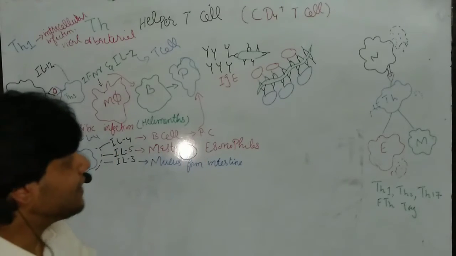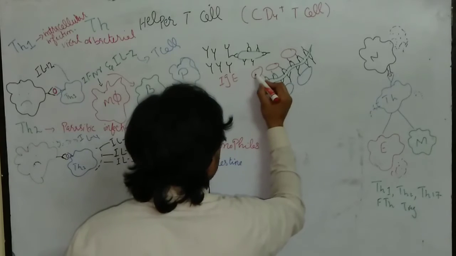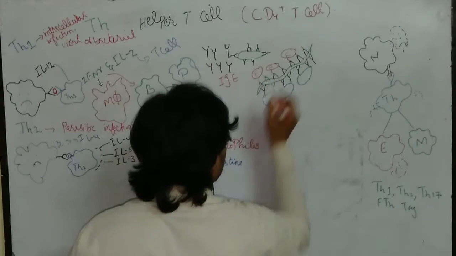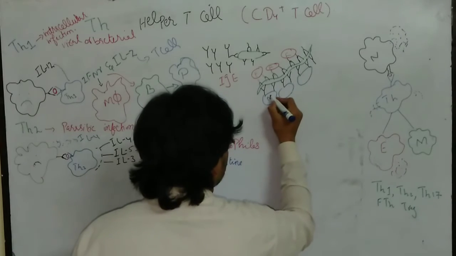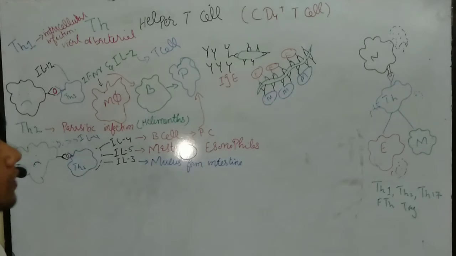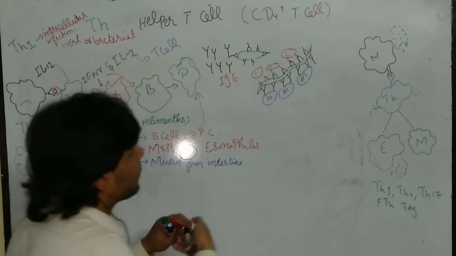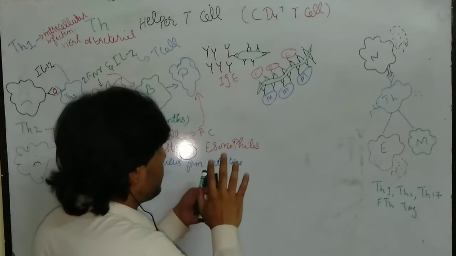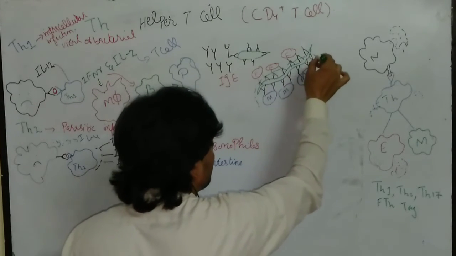Let's suppose these red ones are the eosinophils and these blue ones are the mast cells. After that, the intestine will also secrete mucus. Let's suppose these are the mucus.